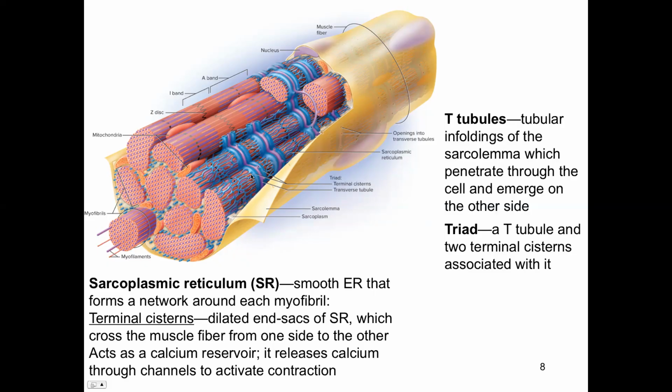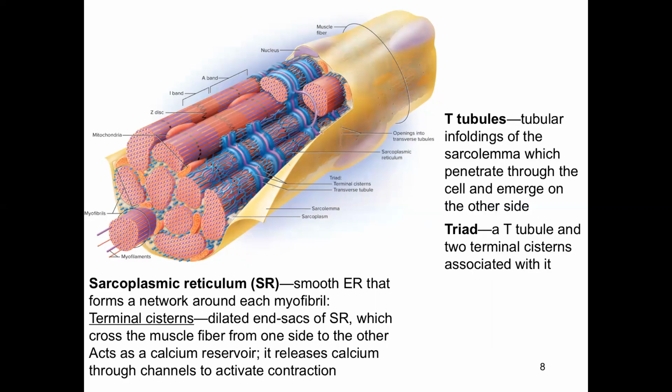Now this blue stuff here is also colorized blue. I don't know why, it just happens to do that. This is a structure called the sarcoplasmic reticulum, or the SR. Now, this sarcoplasmic reticulum is actually smooth endoplasmic reticulum that's specialized for holding calcium.